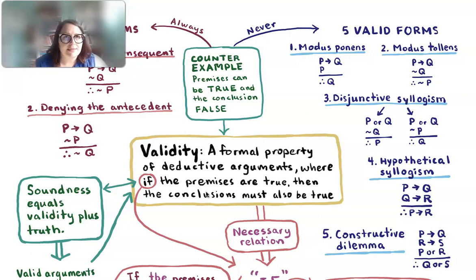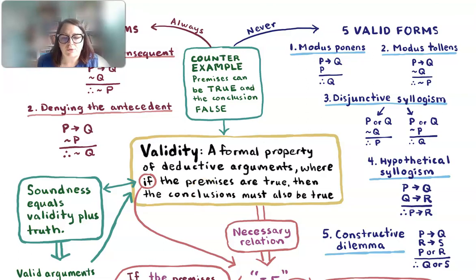So a counterexample just kind of works like this, where you have something like all dogs are brown, and then you have a white dog, right? It's a counterexample that falsifies a claim, but with an argument, what you have is a kind of counterexample. The form that it takes is the premises being true and the conclusion false.